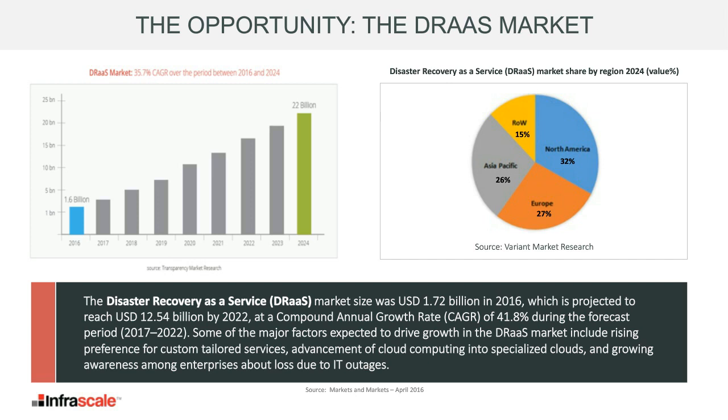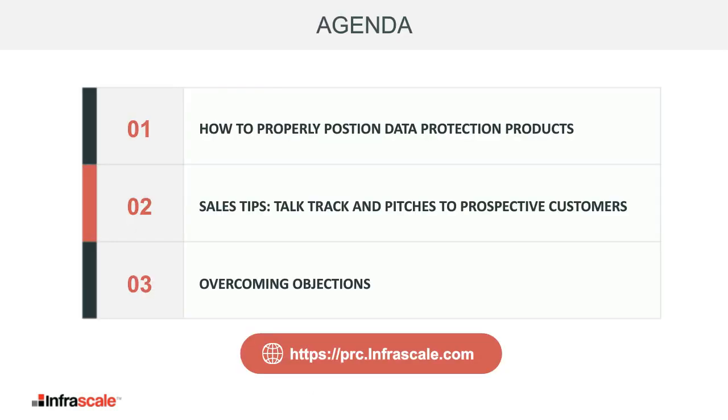So the agenda that we're going to cover is how to properly position data protection. You're not going to hear me talk about backup a lot during this presentation. In fact, if it were up to me, we would never talk about backup. We need to be talking about uptime and business continuity with our customers and prospects.